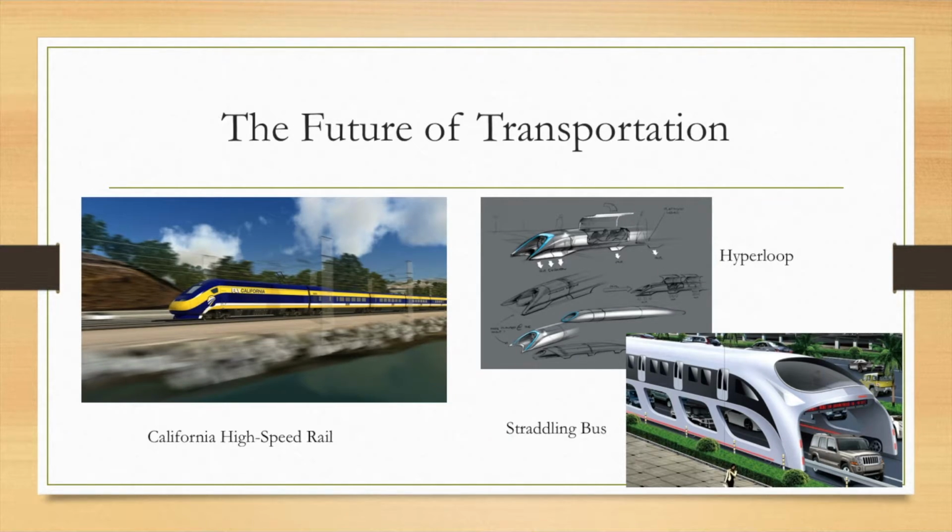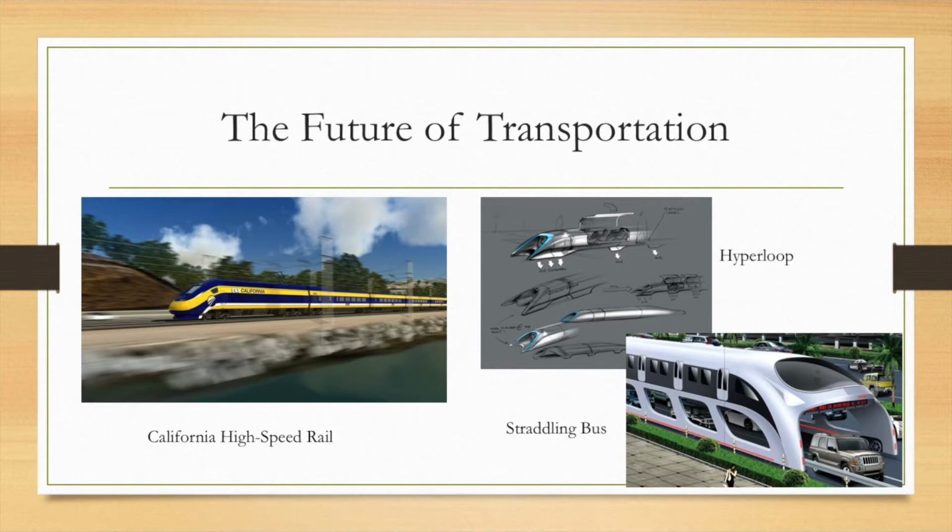This capsule is suspended by air, which basically eliminates all rolling resistance and allows for theoretical speeds of close to around 750 miles per hour. And this concept is designed to connect the San Francisco Bay Area to Los Angeles with an expected journey time of only 35 minutes.